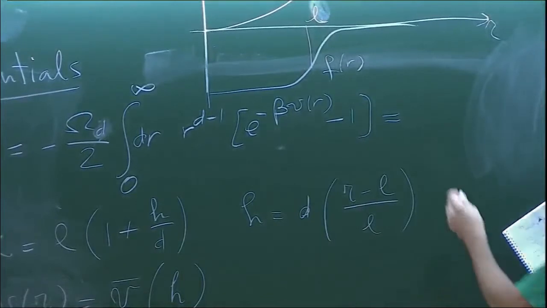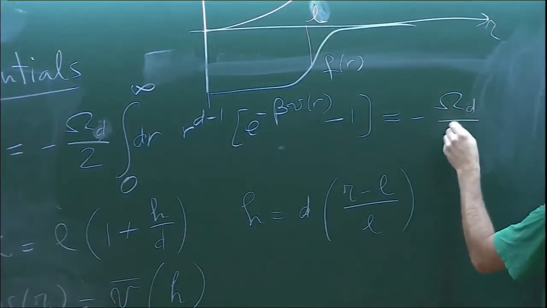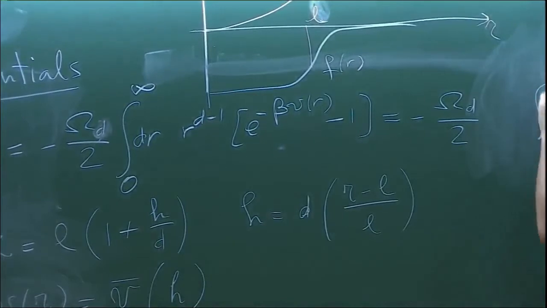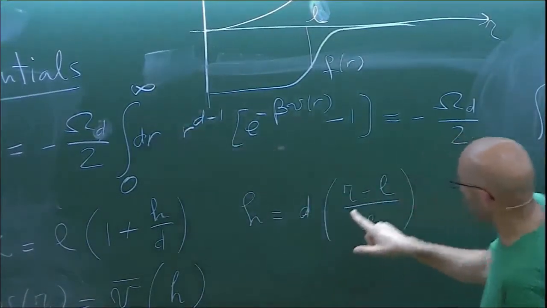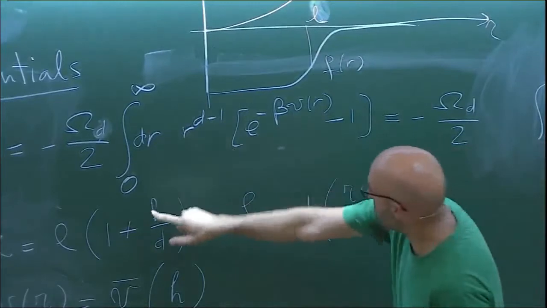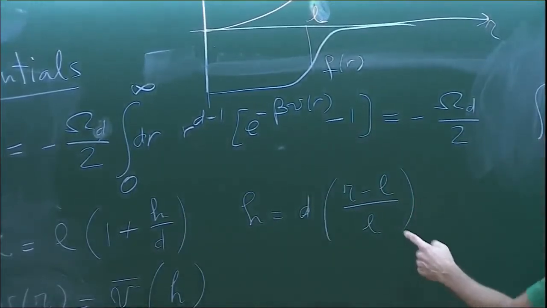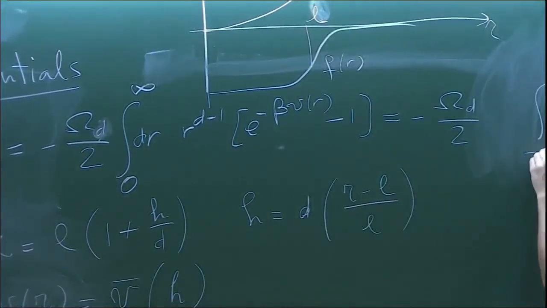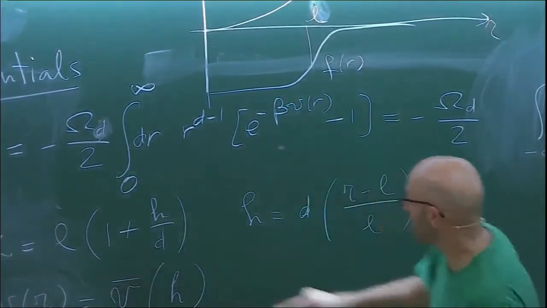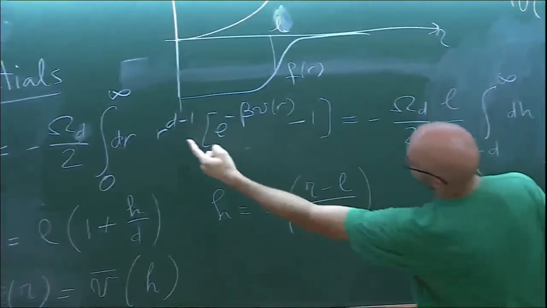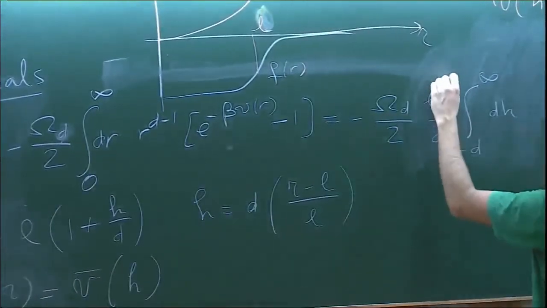B2 will become minus omega D over 2, and then you change variable to H. When R is going to infinity, H is also going to infinity. When R is equal to 0, H is minus D. Then you have dH, and dr is equal to dH times L over D. Then you have R to the D minus 1, so this will bring a factor of L to the D minus 1.